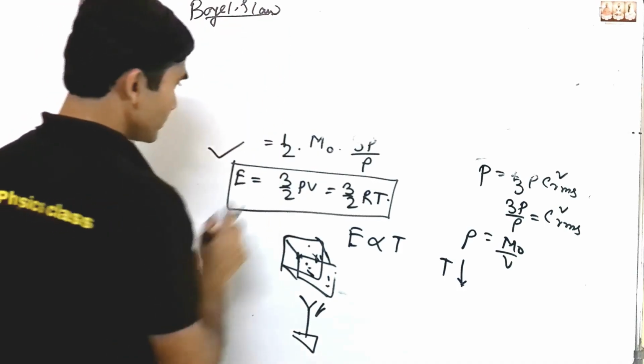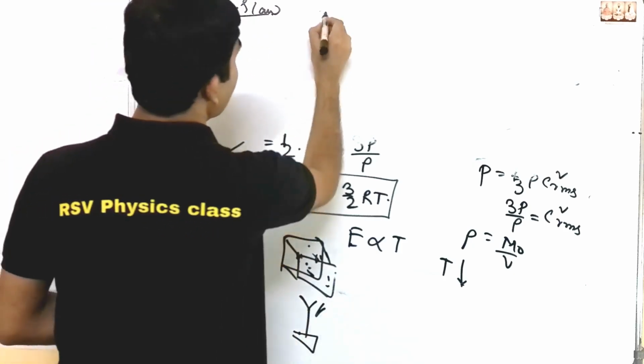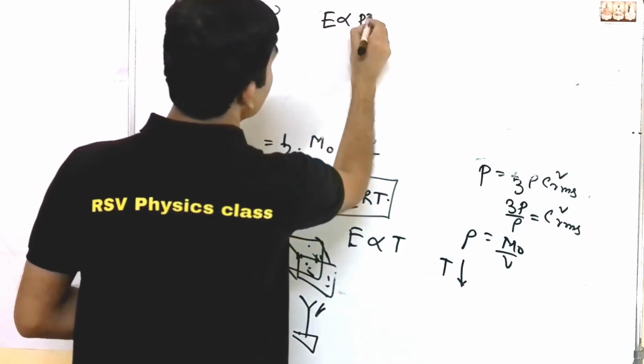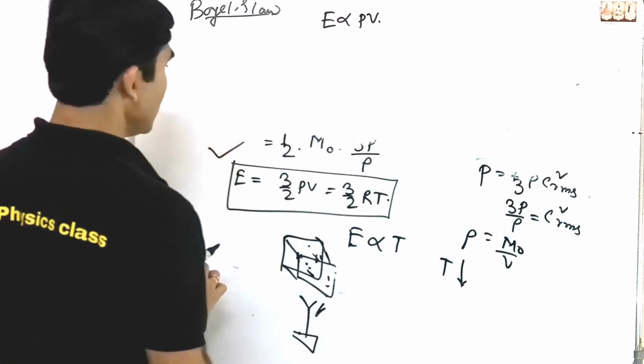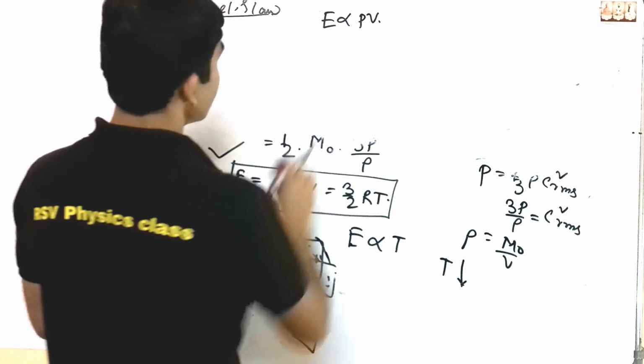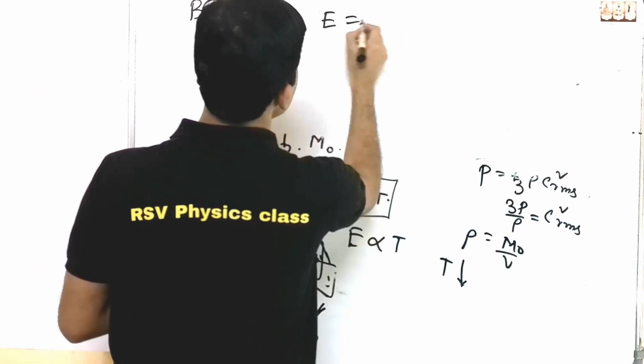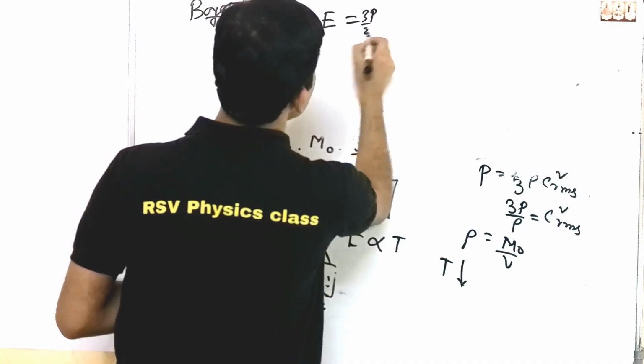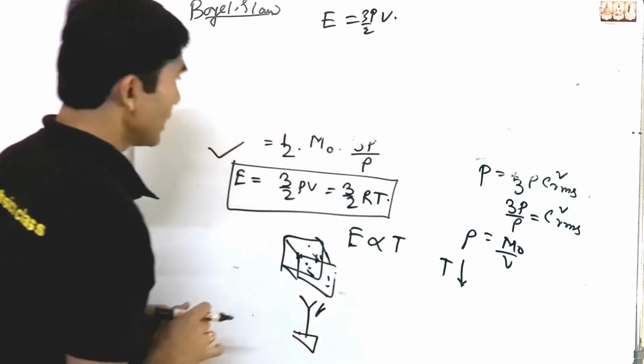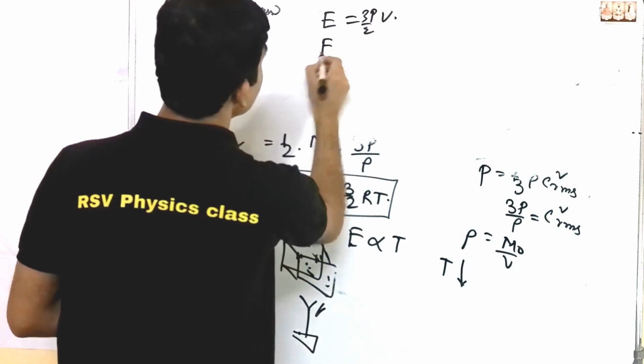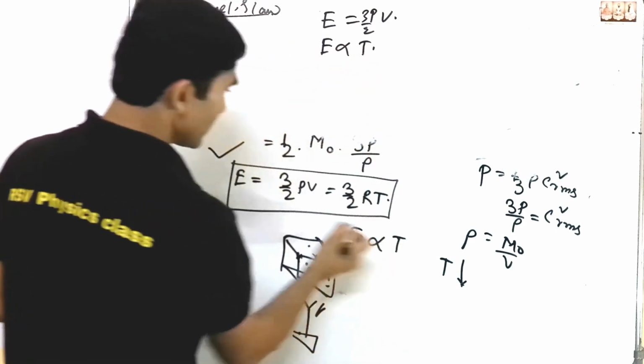So E proportional to PV, है ना। E equal to 3/2 PV, और E proportional to T also here है ना.